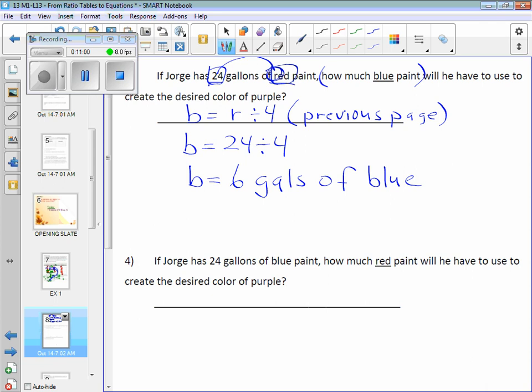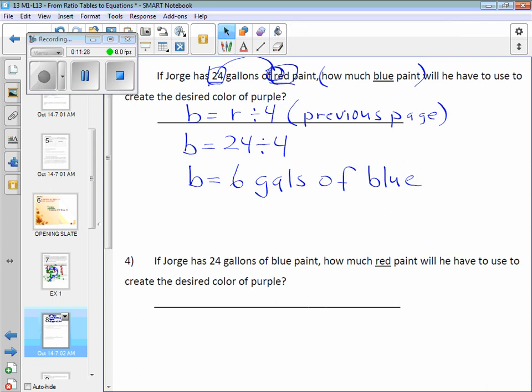So when you write the equation, do you have to write it backwards? How do you mean? Like you wrote, could you have just done 24 the opposite way you did? R divided by 4 equals B? No, like you know how you wrote. Could you come up and just show me?